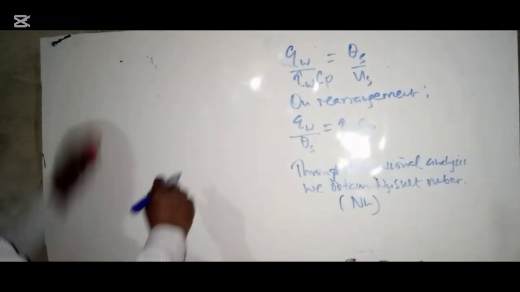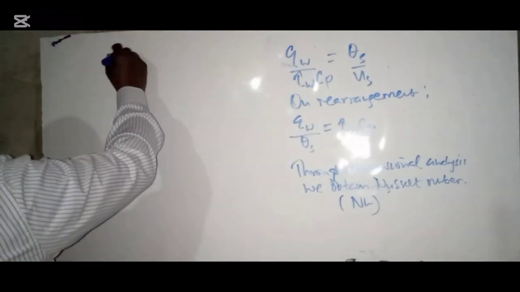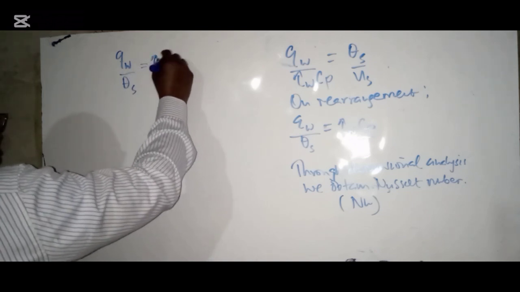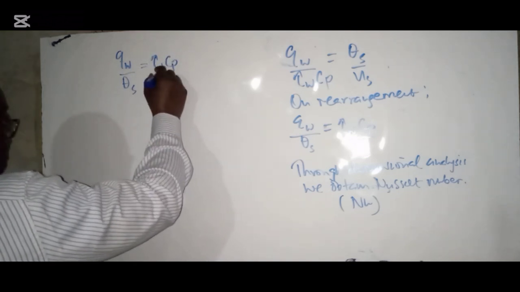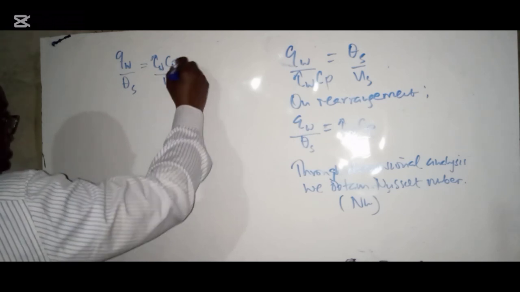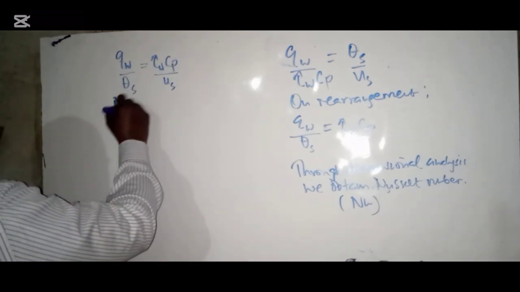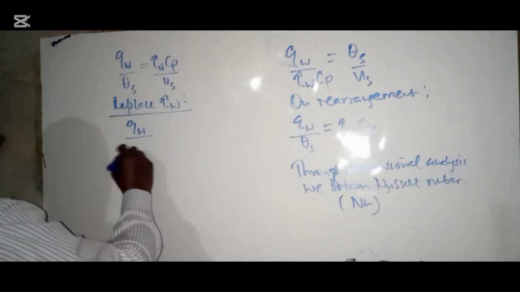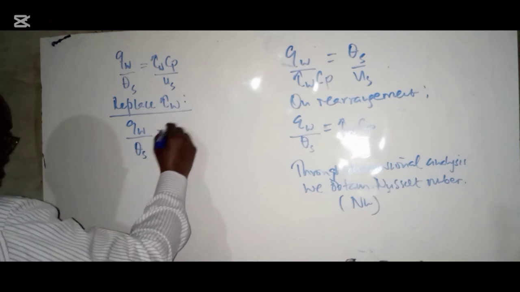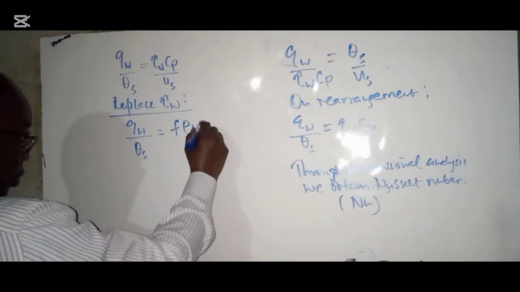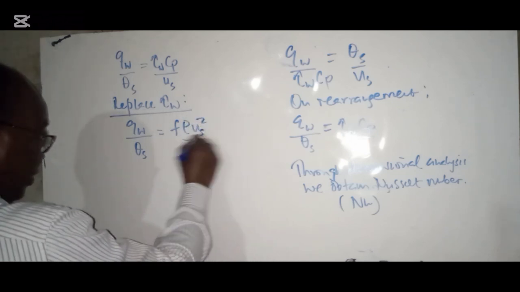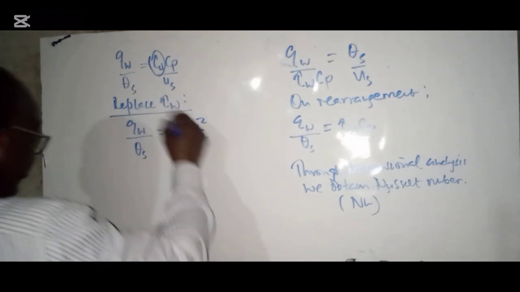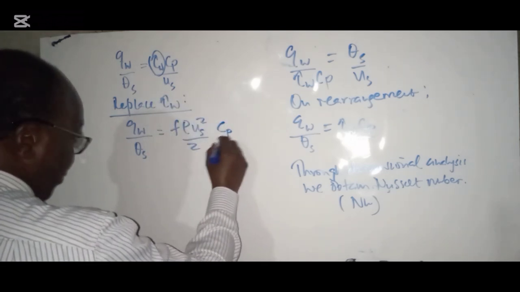So we start by working on this quantity, which has been reorganized, that is q over theta S equals tau omega Cp over U S. So if we replace the tau, we now have q over theta S equals F rho U squared S over 2, Cp over U S. We've just replaced tau with that expression.